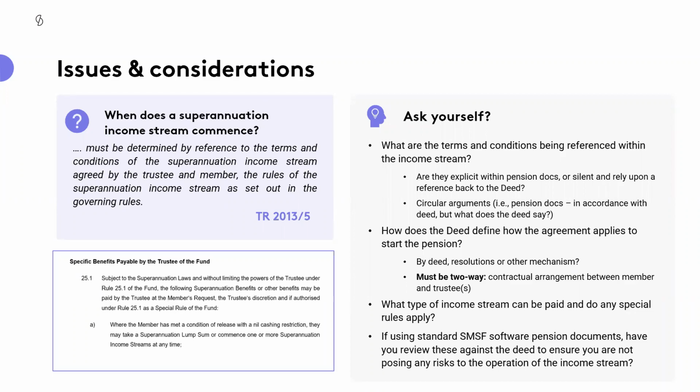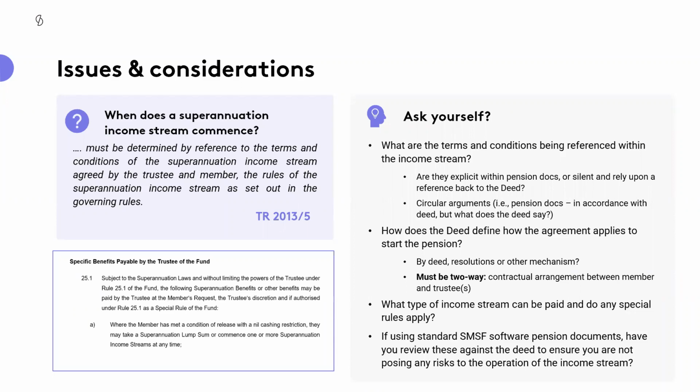Sure, we can have a series of application by the member and a trustee minute and then a notification that might talk about the agreed terms between the trustee and member, but does it align itself to the governing rules? So 25.1 is inside the Smarter SMSF deed, and we talk about the fact that there's the ability to start that income stream, and it may be paid by the trustee at the member's request, and the trustee's discretion if authorized to do so.